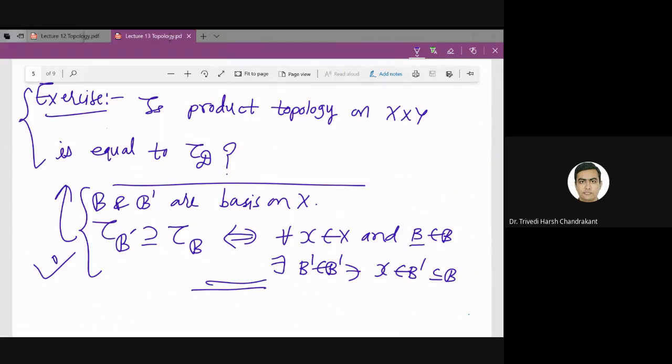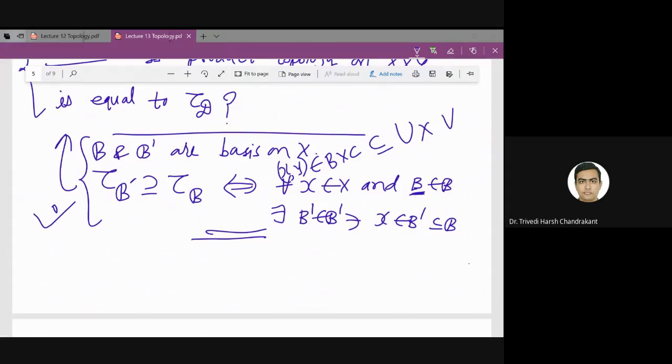You can always find a basis element of this form for every (x, y), and the other way around, for every element of this form, you can always get basis elements of this form. That is exactly what you need to check here.